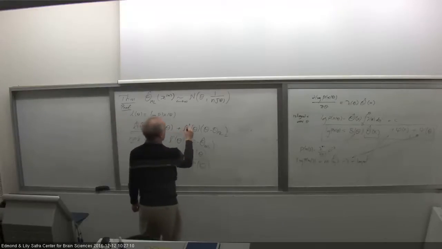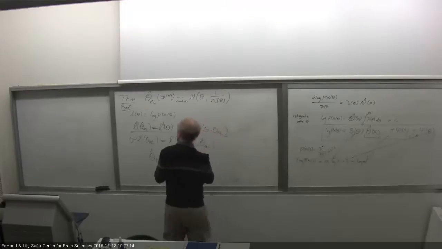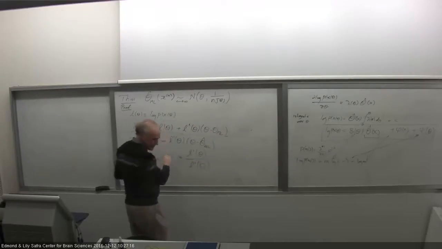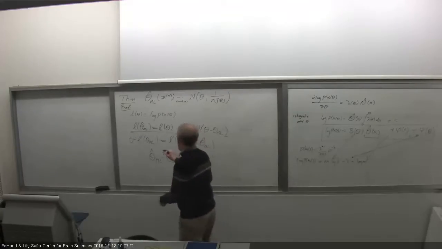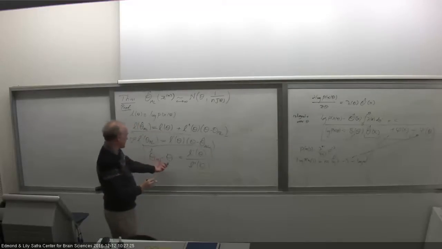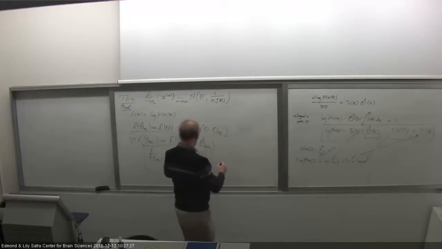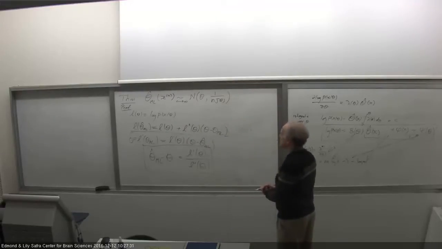No, this is what I want. Sorry, why is it so confusing? Essentially, I just want to prove that theta ml minus theta goes like the first derivative over the second derivative at theta. Think about it for a second.